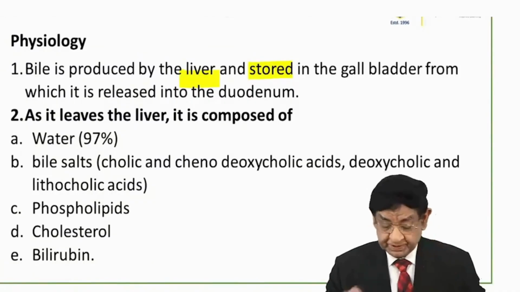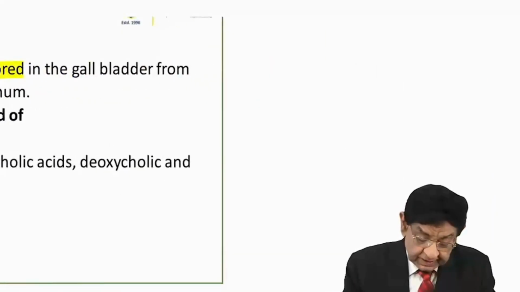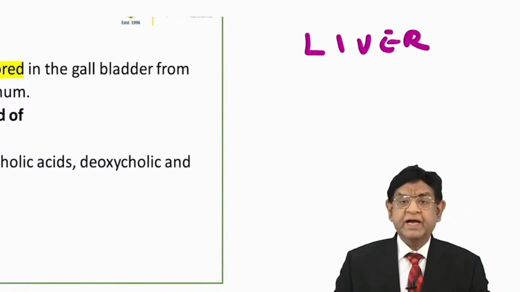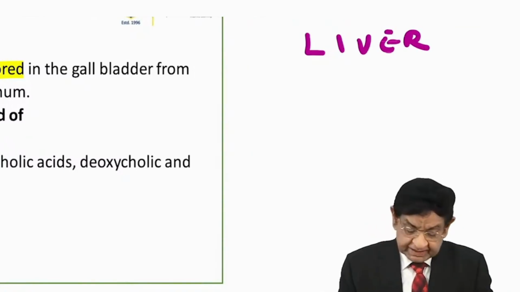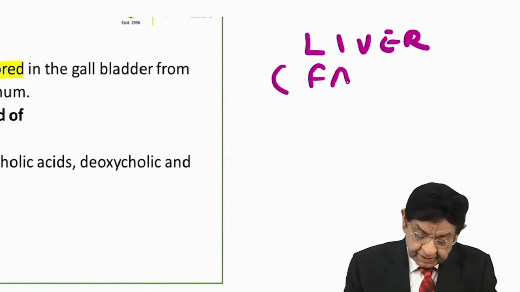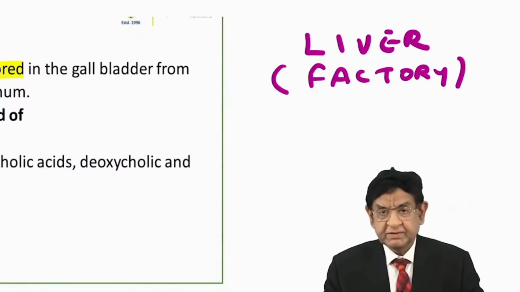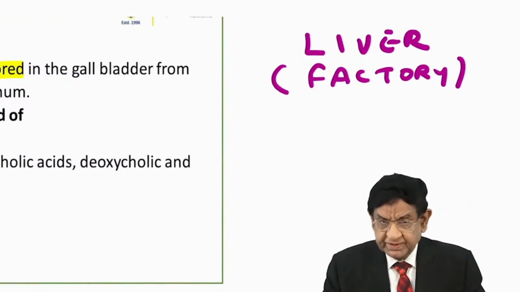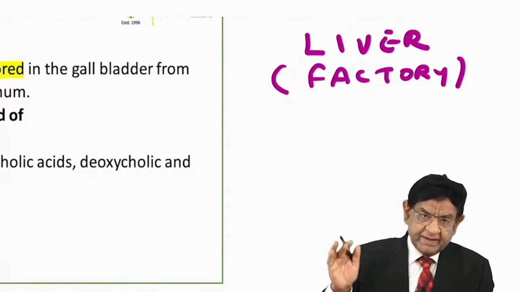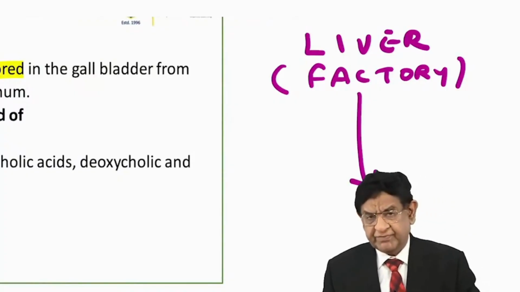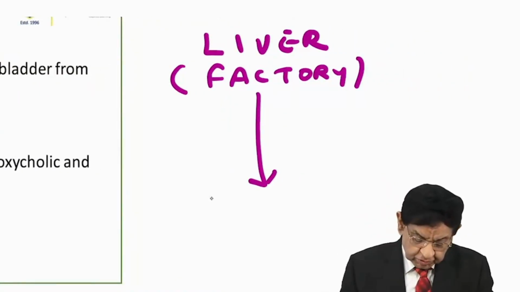Point to be noted: liver is the site of formation. Or if I have to give you a day-to-day example, liver is a factory where the things are getting manufactured. Manufacturing unit is liver, and whatever has been manufactured in the liver goes to, like in any other ordinary factory, the warehouse.